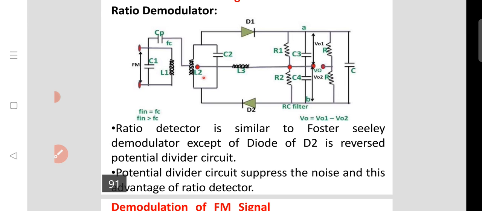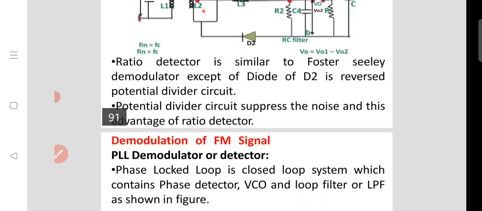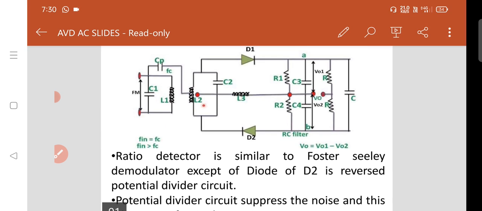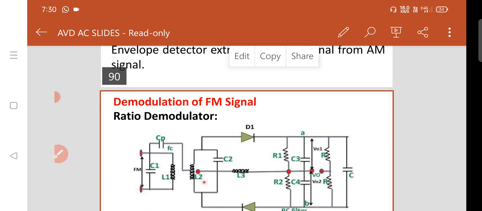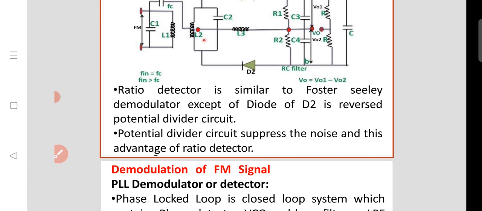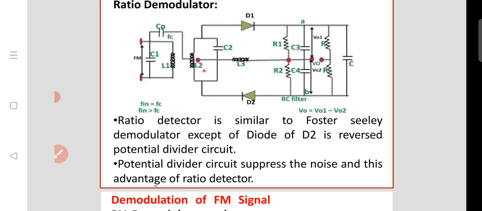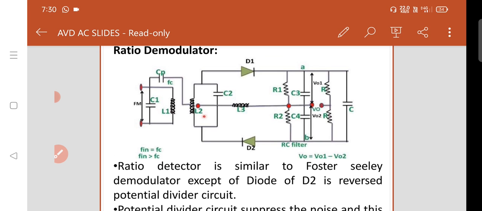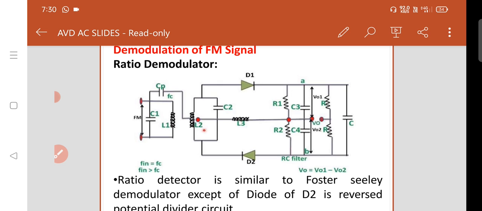In this, the reverse biased diode acts as a potential divider and eliminates the noise. This is the advantage in the ratio detector. Because at the output side, V naught is V naught 1 minus V naught 2. This equation, just observe here.